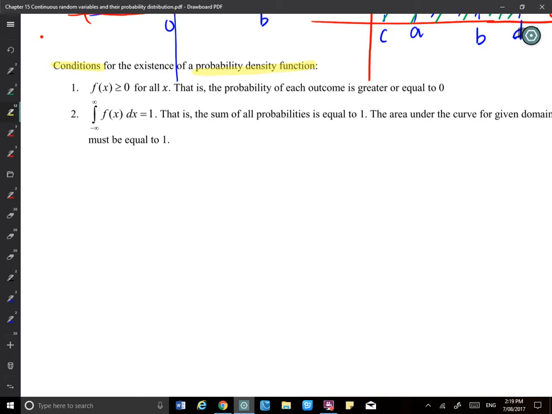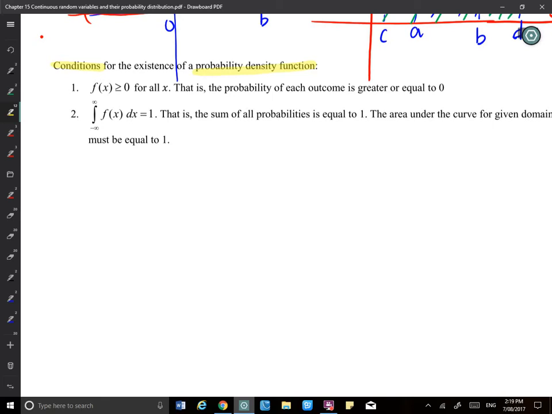You won't have negative probability for sure. So for the first one, you need to sketch or use some way to show that everything is above the x-axis, which satisfies condition number 1.